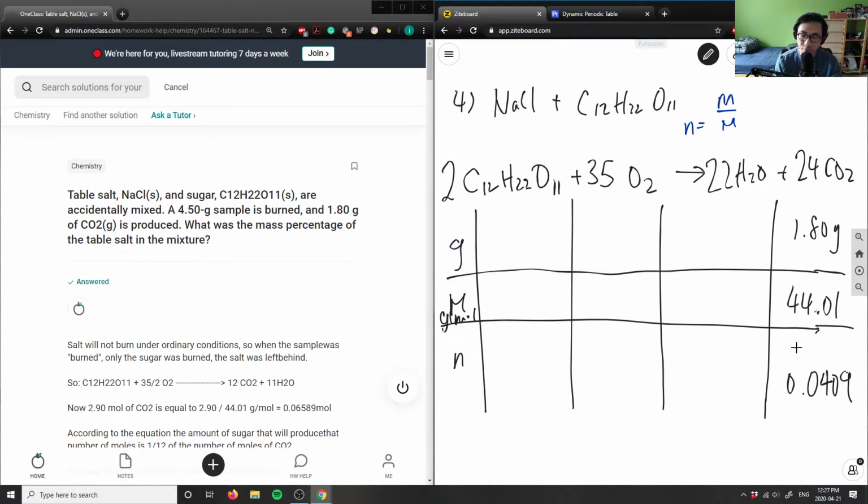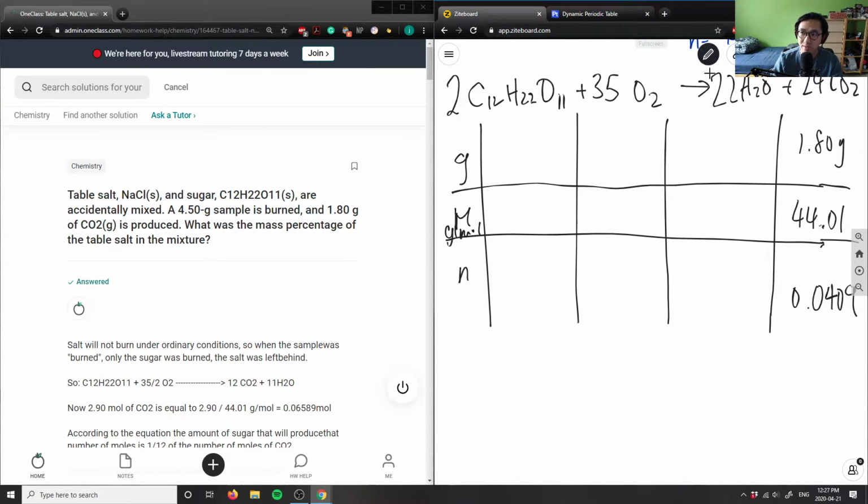So we have 0.0409 divided by 24. This is now 1.70 times 10 to the negative 3. This is in moles, and this is per 1 mole of something, right?